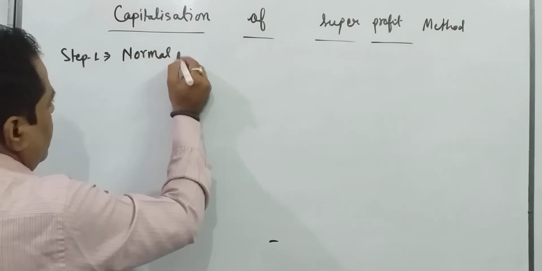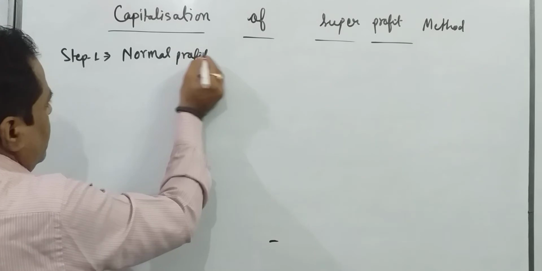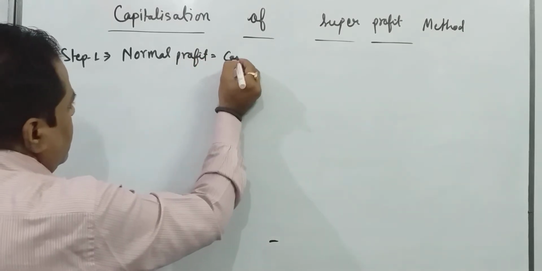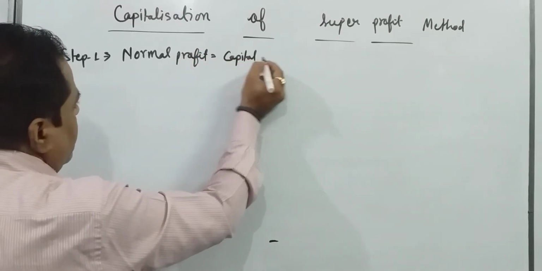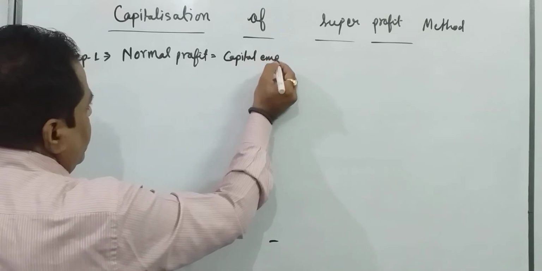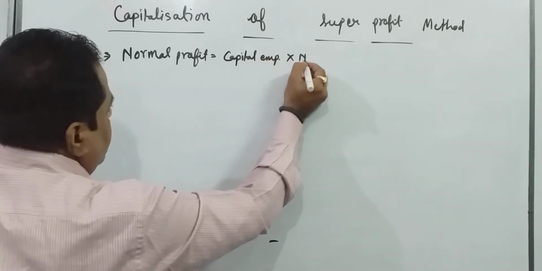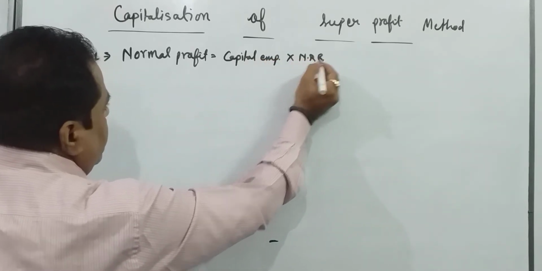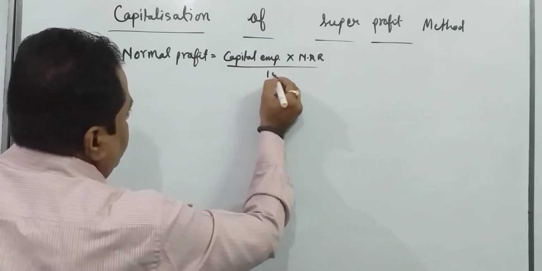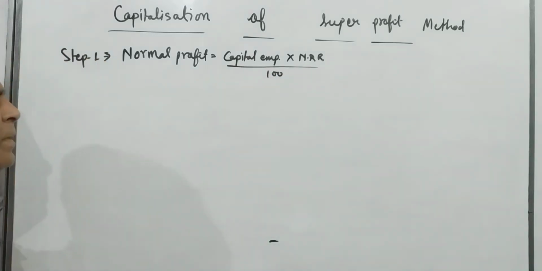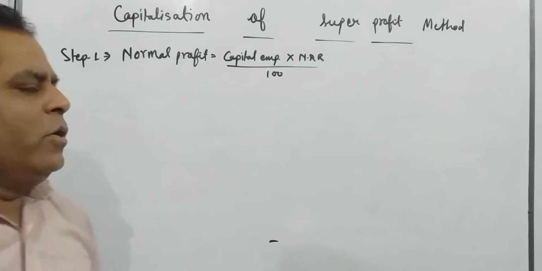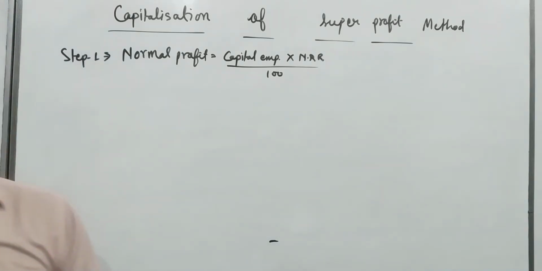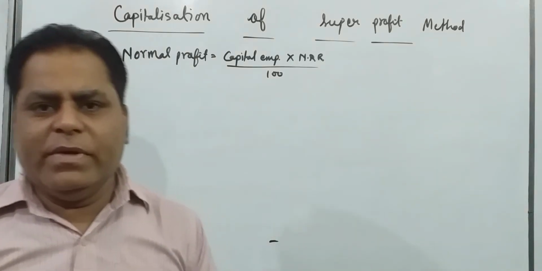Normal profit, and the formula is capital employed into normal rate of return upon 100. This is the formula to determine normal profit. In this question, capital employed is given, 12 lakh.